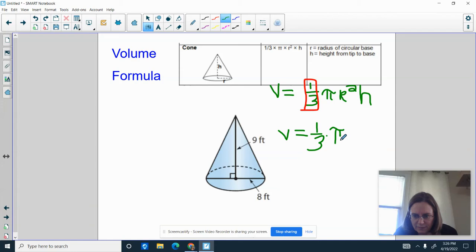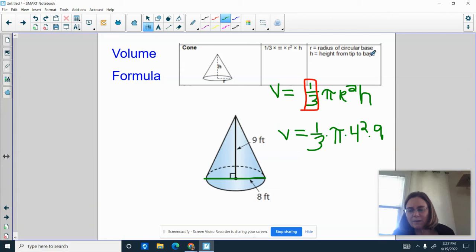Now radius. If you see here, this 8 goes across the whole distance of that circle. So the 8 is the diameter, and I only want half of that. So my radius is 4. So this is going to be 4 squared times my height.